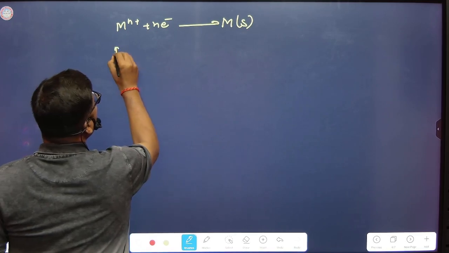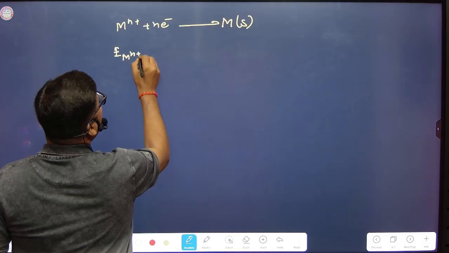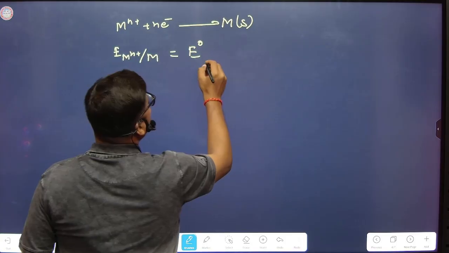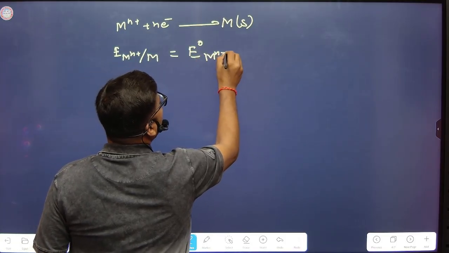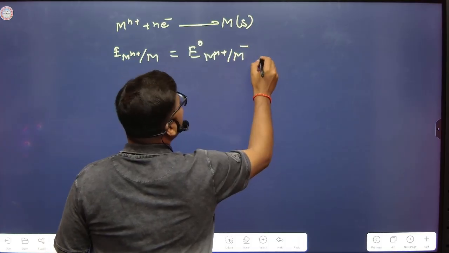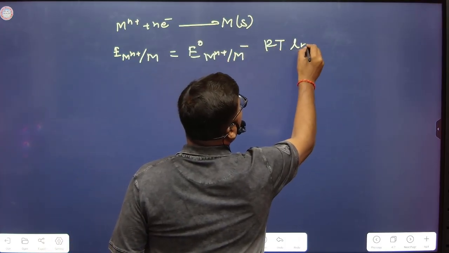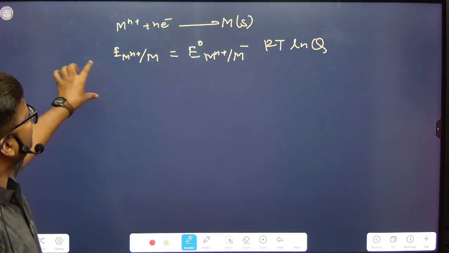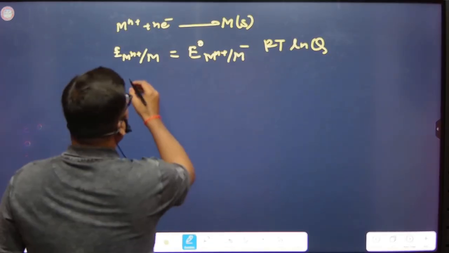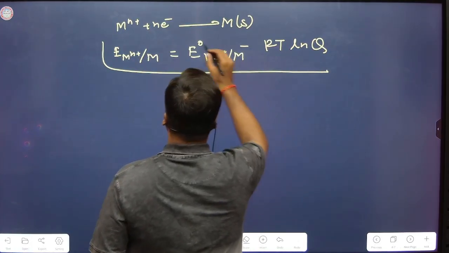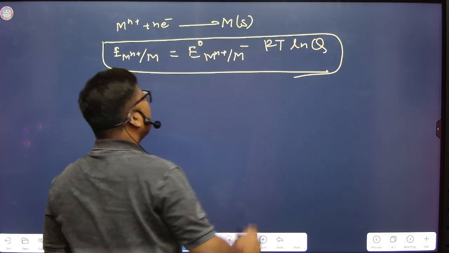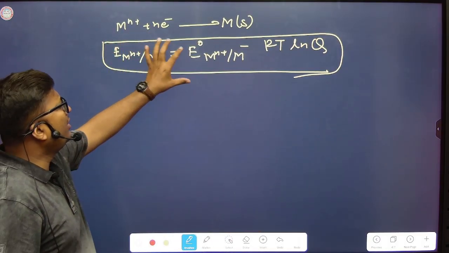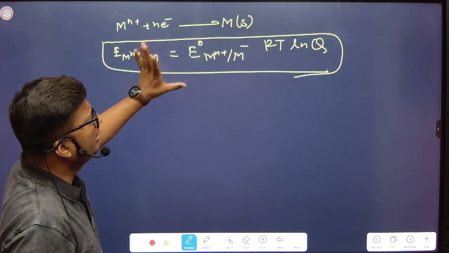So E of M n plus to M is E naught M n plus to M minus RT upon nF ln Q, right? So this is the complete expression of the reduction reaction, at any temperature T and at temperature 298 Kelvin, right?